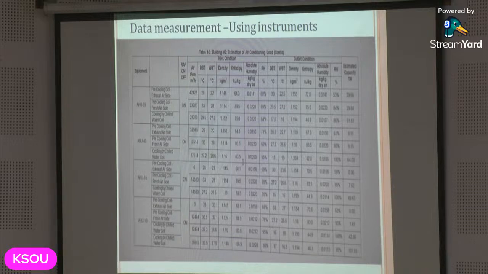These are the data we need to collect when we go for an energy audit. So this plays an important role in any energy audit. This is an example I am showing. We have many such instruments and readings present in the energy audit report.